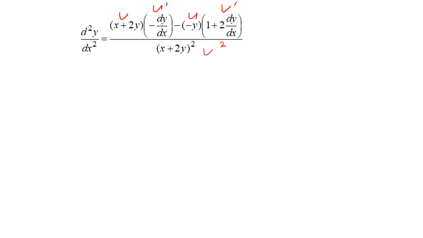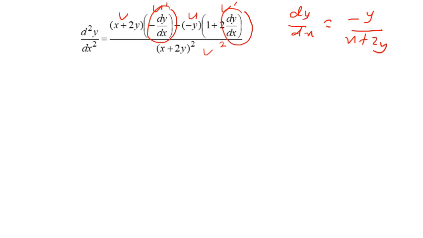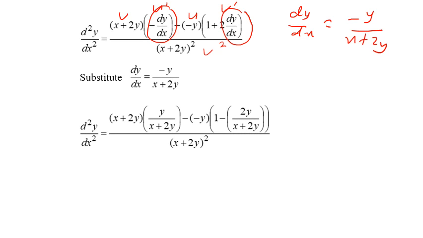Okay, and then don't forget the second derivative also has to be in terms of x and y. So later this dy/dx you have to replace. Remember dy/dx equals negative y over x plus 2y. So we substitute that. Oh, it's already shown in the solution there. So substitute, it will be like that, and then we just simplify. Don't forget also, when we simplify over here, it will be positive y. Then expand the positive y to the inside.